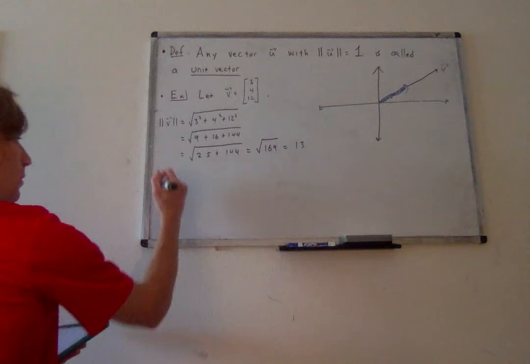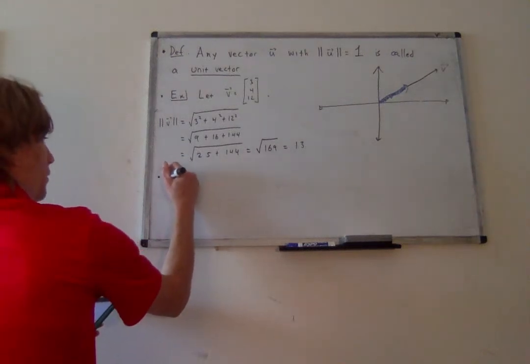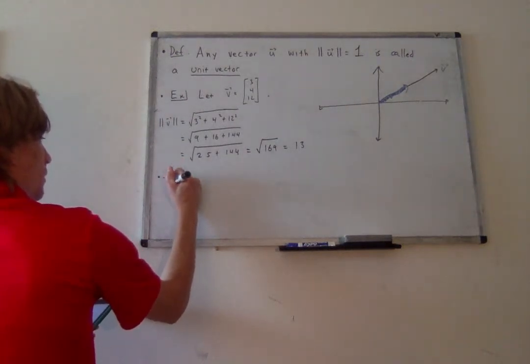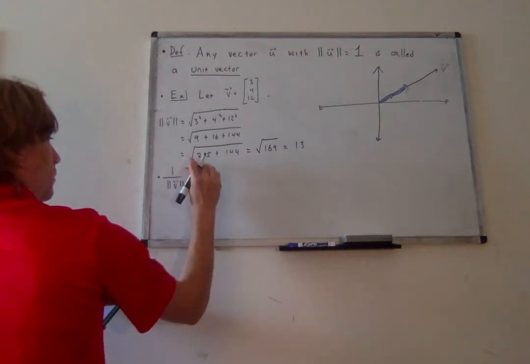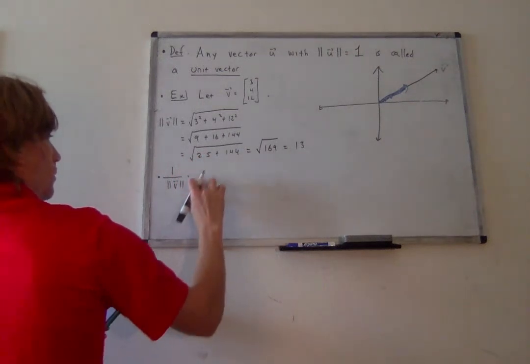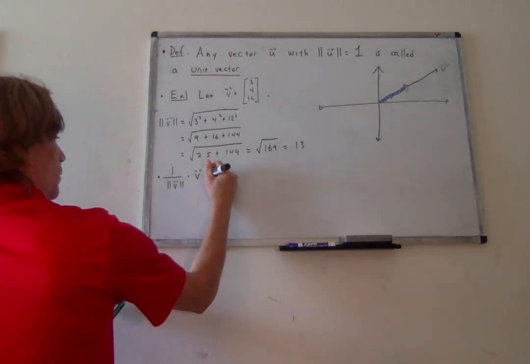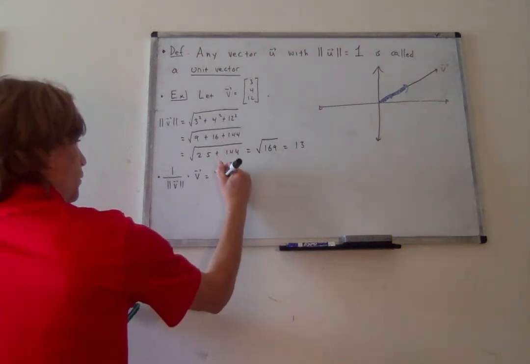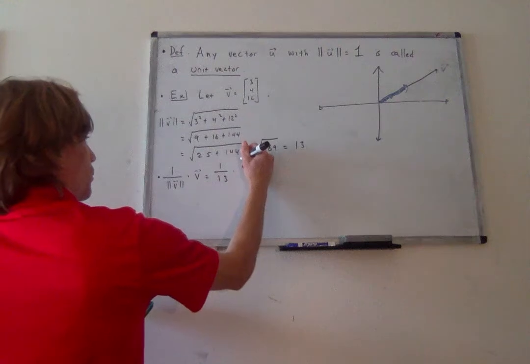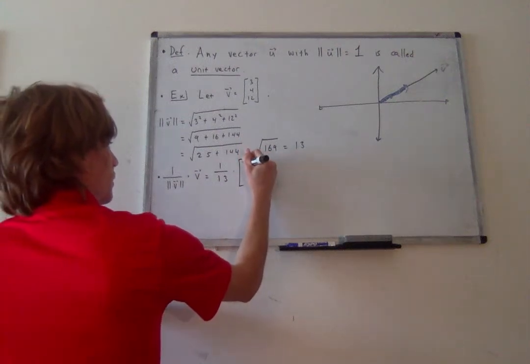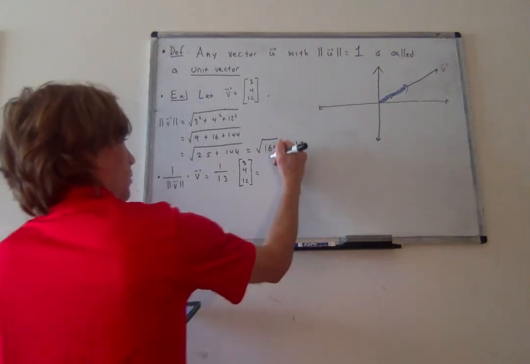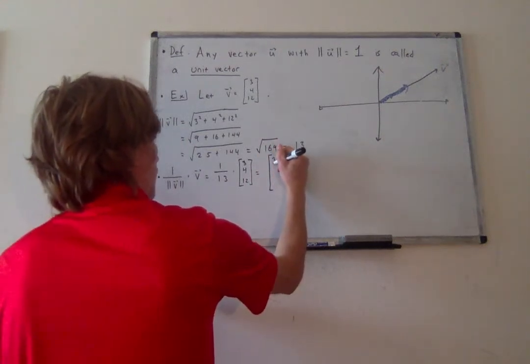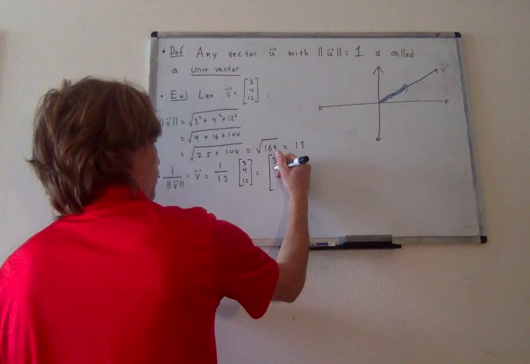But what if I multiplied v by 1 over its norm, so this was the vector v multiplied by the scalar 1 over 13? What would I get? Well, I'd get a kind of scary looking vector with a lot of fractions.